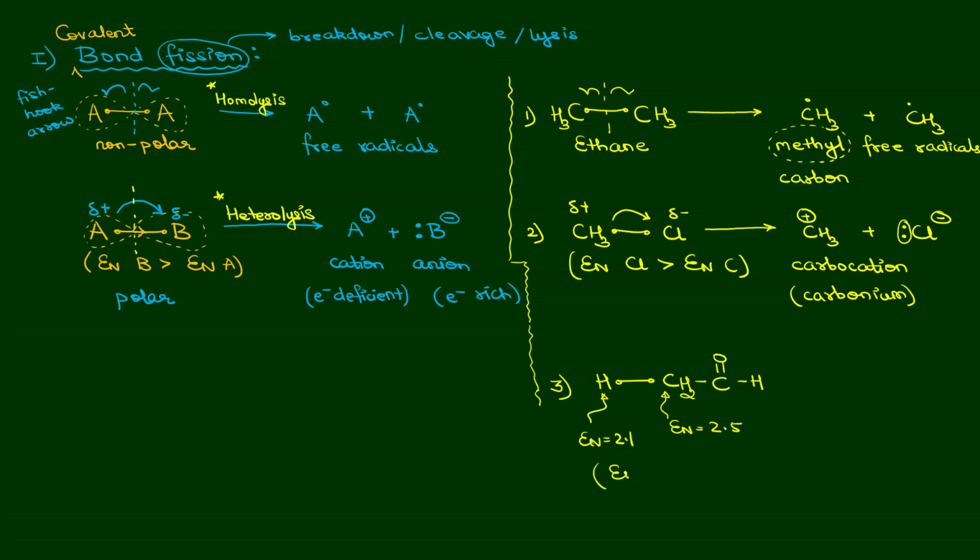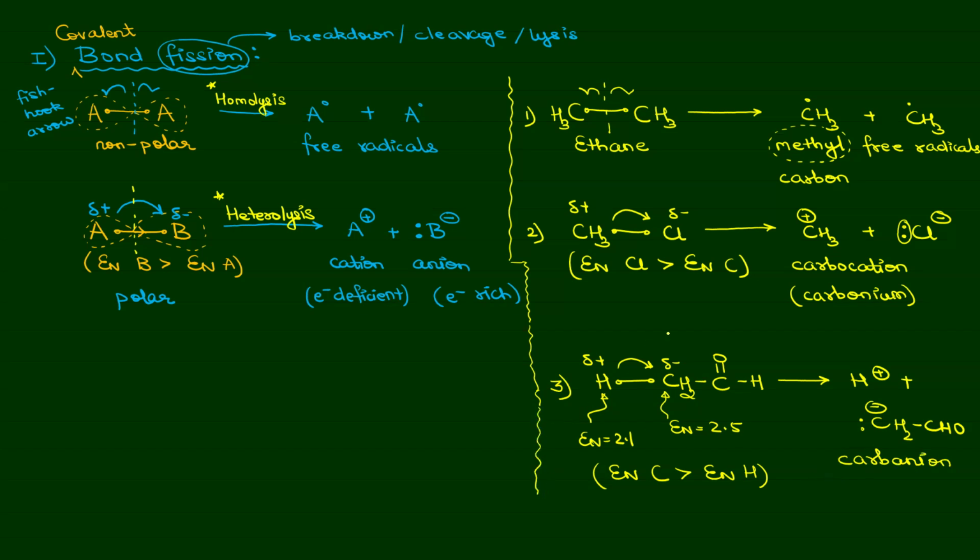So of course, the electronegativity of carbon here is greater than H. Thereby, the shift will be towards carbon, carbon acquiring delta minus, hydrogen acquiring delta plus. Again, the bond would be broken heterolytically, giving you H plus, carbon with the lone pair and a negative charge, followed by CH2CHO. So here we get a carbon with a negative charge, which is called a carbon anion, also called a carbanion.